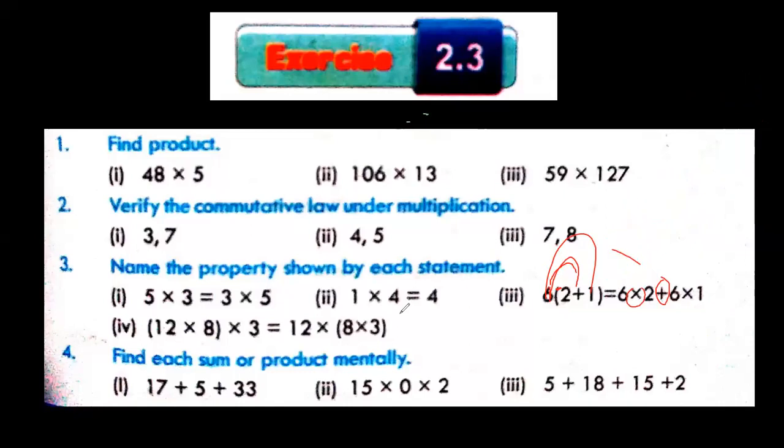The property used here is a distributive property. And this and that, there is a difference. Here each and every sign, both signs are the same, and here the signs are different. Plus, and there is multiply. You see this 4 is distributed over 2 as well as with 1. So this property is known as distributive property. Okay.